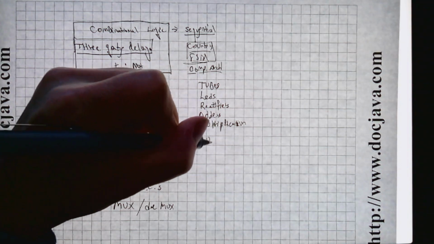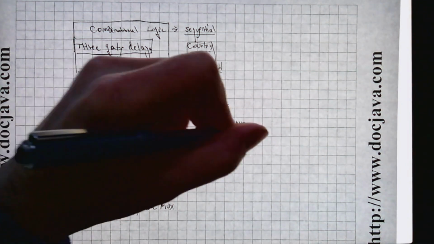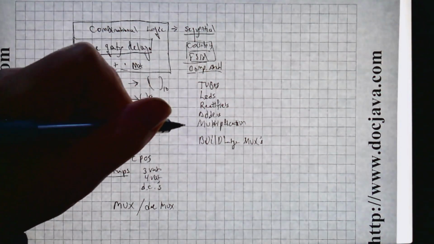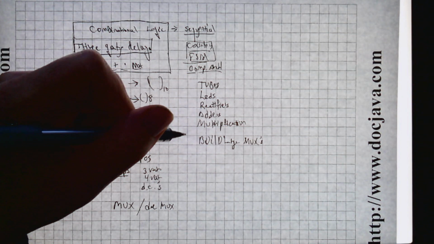Building large multiplexers. How many you need, given a certain size. How many packages will you need? What else? More Boolean algebraic laws.